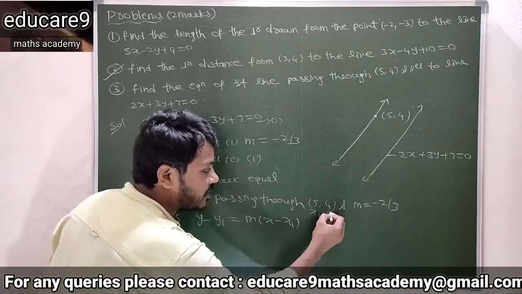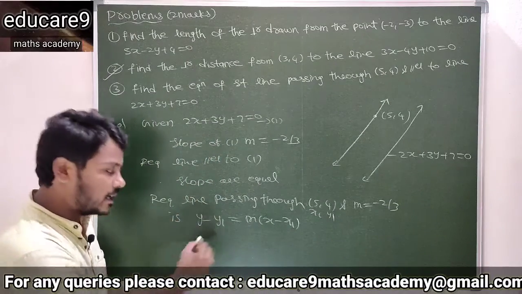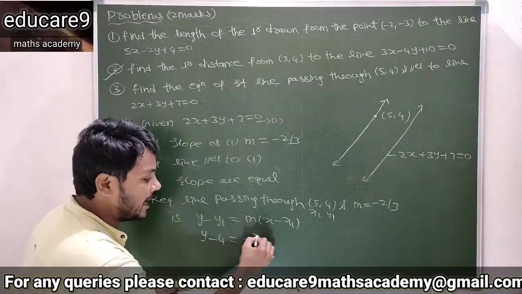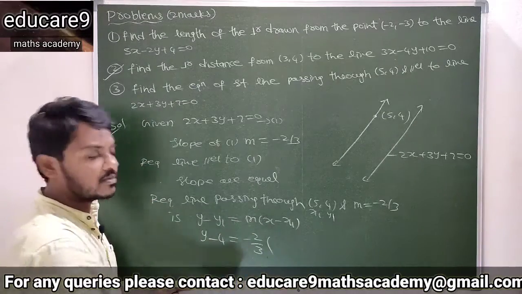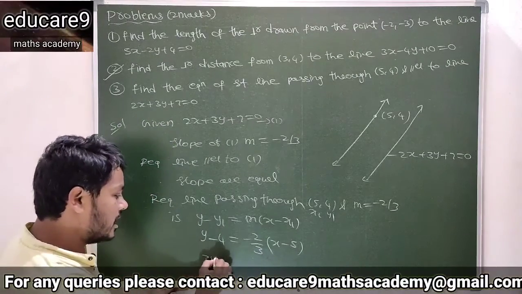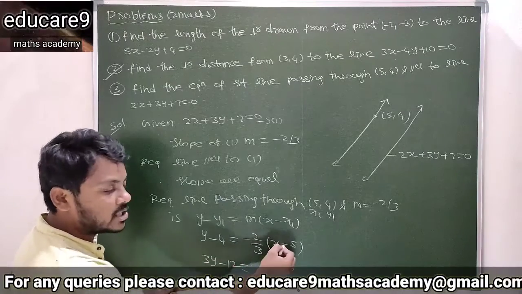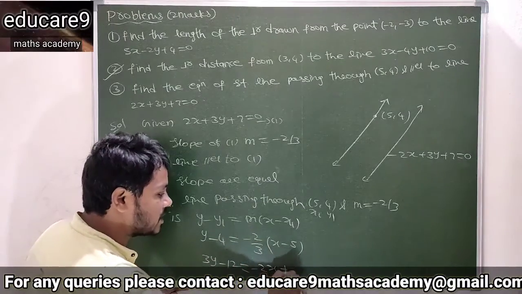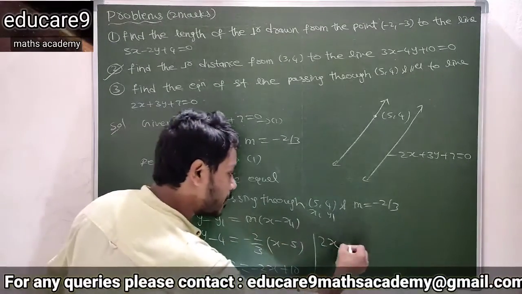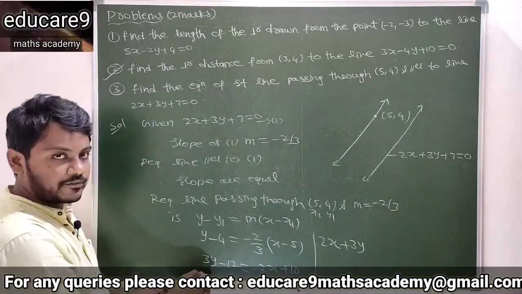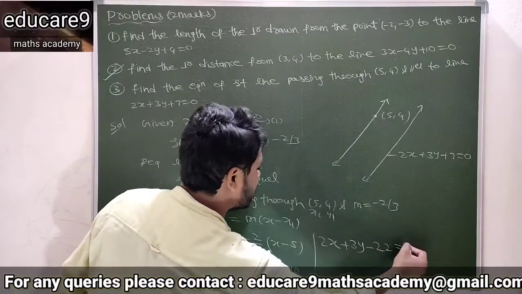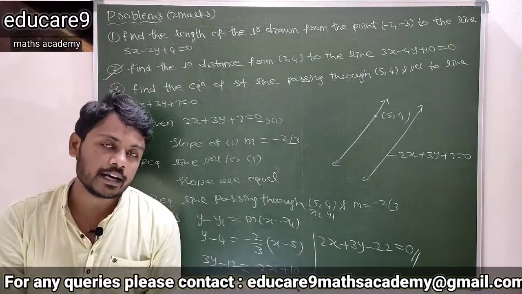Clearly this point is x1, y1. Now substitute: y - 4 = -2/3 times (x - 5). Cross multiplication, what you get? 3y - 12 = -2 into this one, so -2x + 10. So this is 2x + 3y. Sending to the left side, it becomes -12 - 10, so 2x + 3y - 22 = 0. So this is the required straight line.